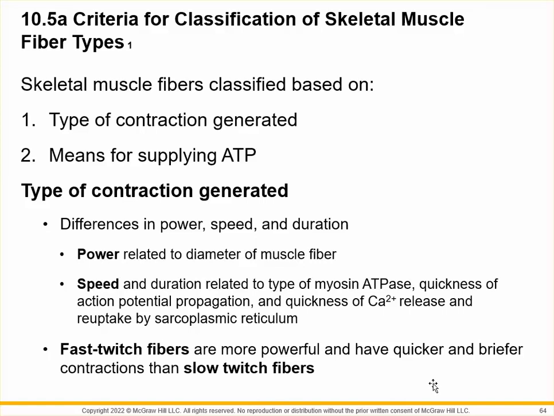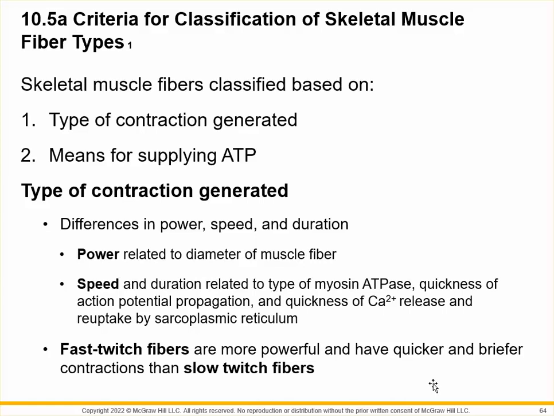There's other things about how quickly we can release calcium, and that depends on the number of channels, but also how fast it reuptakes into the sarcoplasmic reticulum. All of these things are controlled by enzymes.